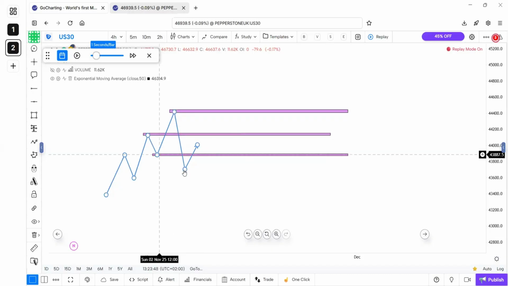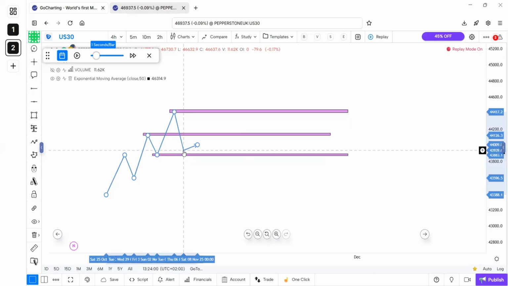So if the market was to respect this level, it wouldn't break below, right? Which means it will turn, and even if it turns here, this would be a correction.